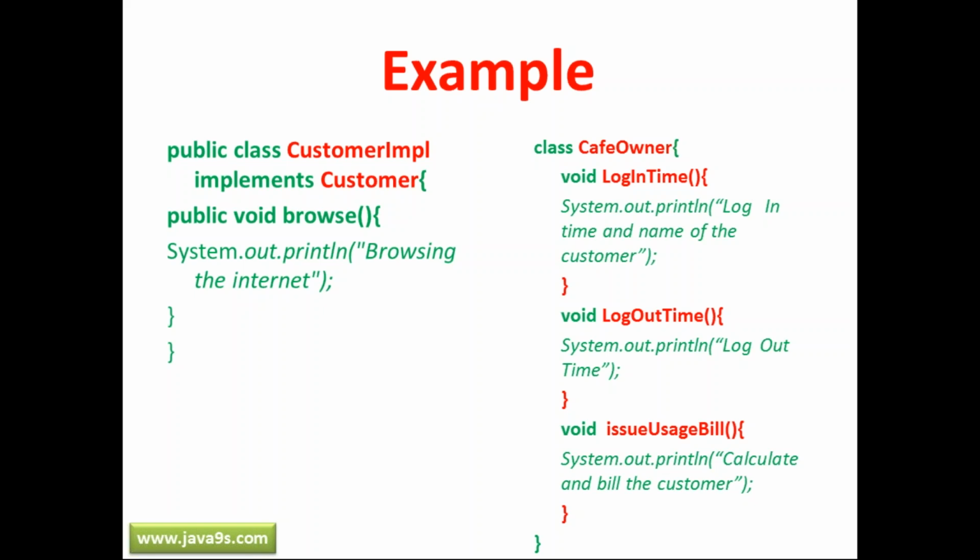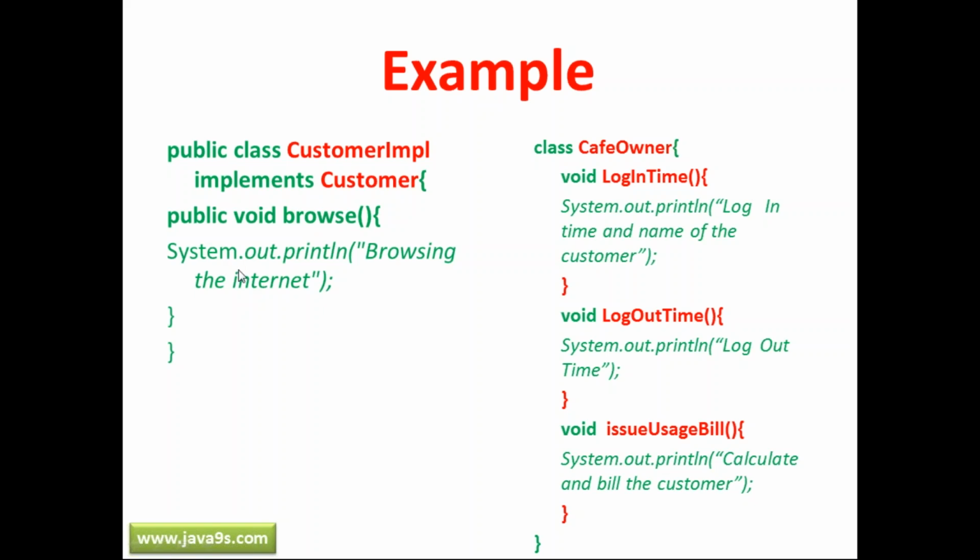As a cave owner, he should be responsible for doing everything. So you should not bind all this information in the customer, right? Without the customer knowing, knowingly or unknowingly, we don't want to disturb the customer browsing method.